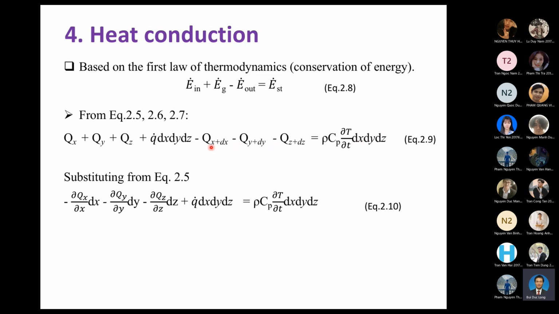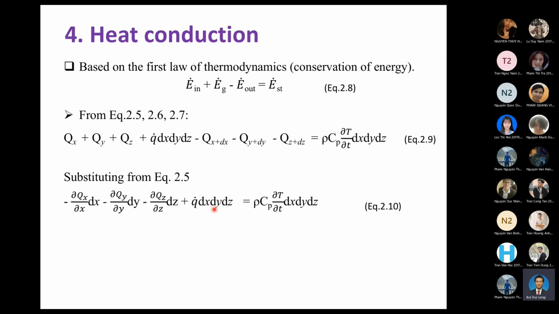You replace qx plus dx, which I already showed you. This term will eliminate, so finally you will have this equation: minus dqx/dx, minus dqy/dy, minus dqz/dz, plus the heat generated in the system.